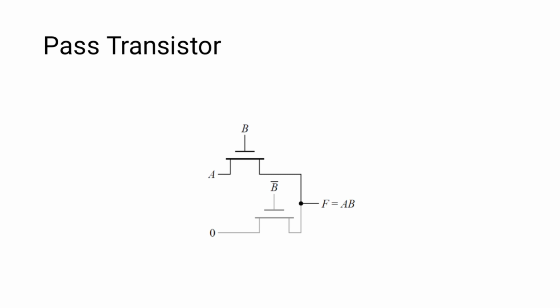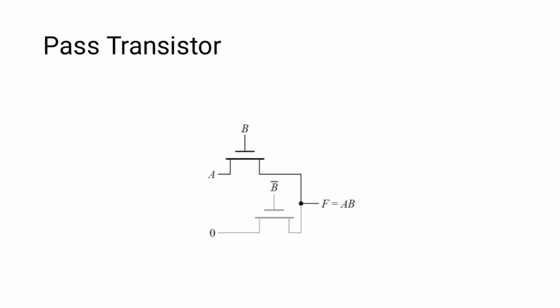How does this pass transistor work? Consider A and B as digital inputs, 1 and 0. I'm giving B as 0 now, and A is 1. What will happen when B is 0 in the NMOS transistor? It's an open circuit, right?